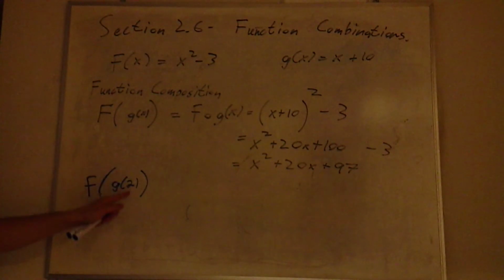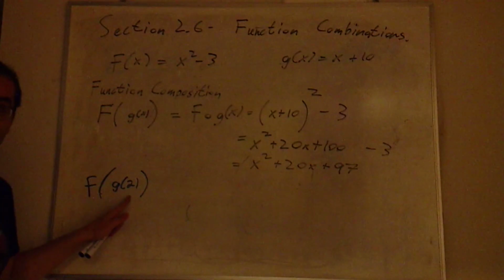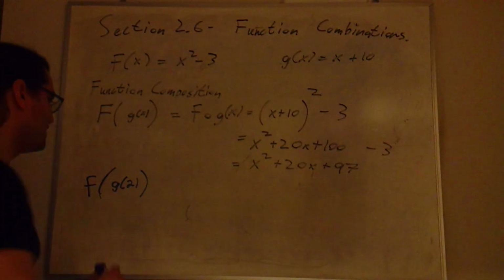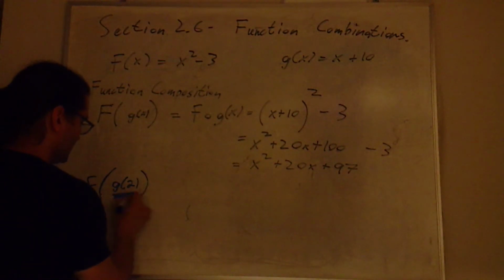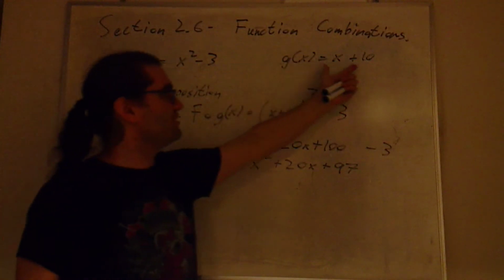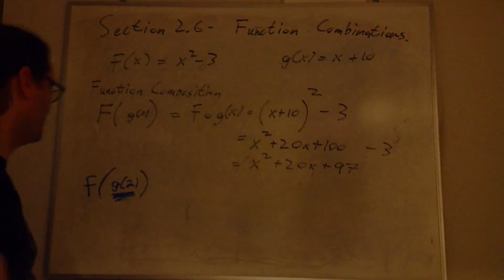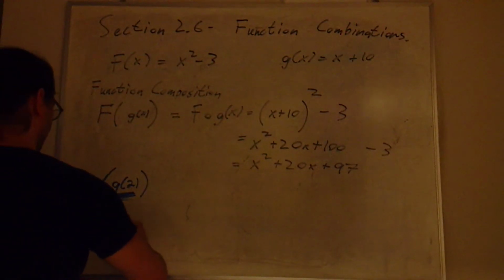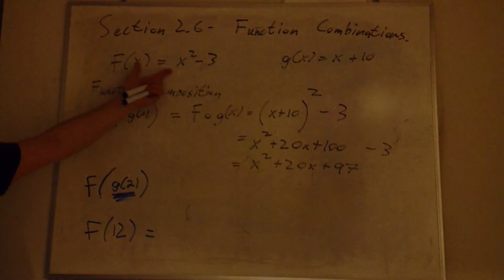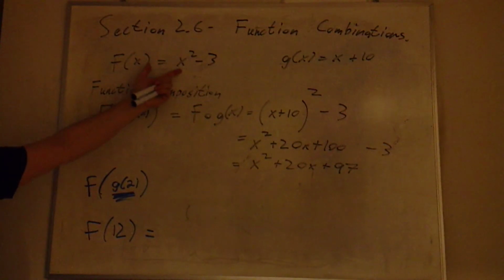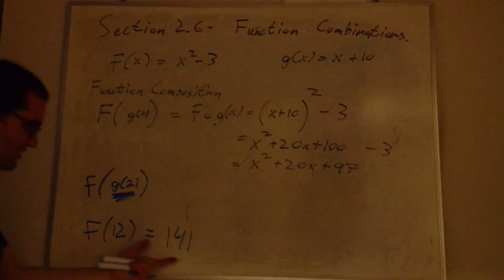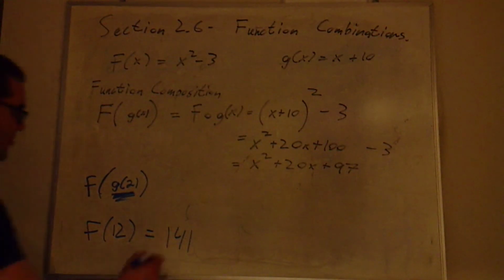It's not an x anymore. This is a number. I'm evaluating this at a certain number. And you can do this in two ways. You could start by finding g of 2. g of 2 looks like it should be 12, which means that this should be f of 12. And then you can find f of 12. f of 12 I think should be 144 minus 3. So I think you should get 141.